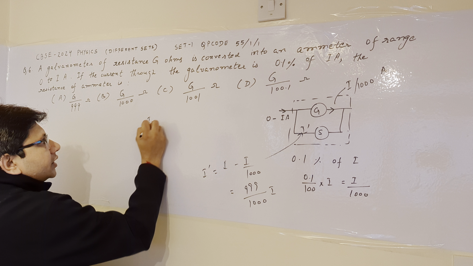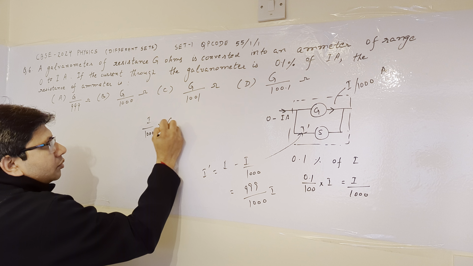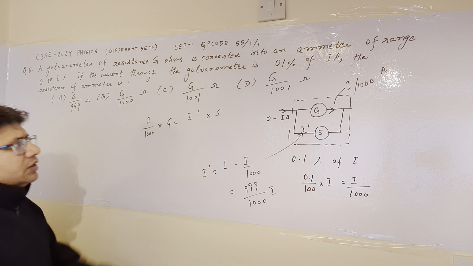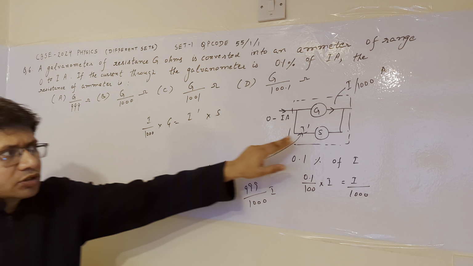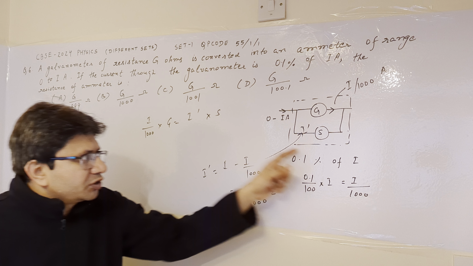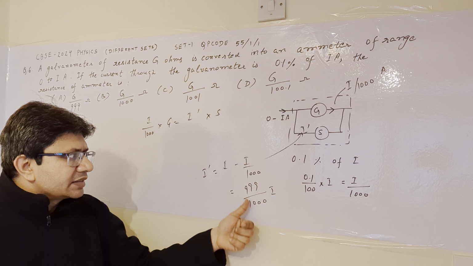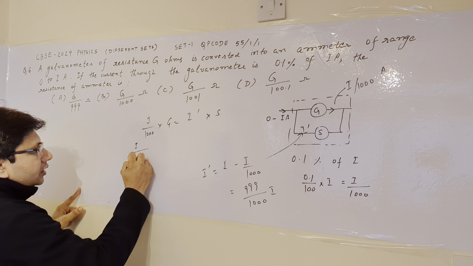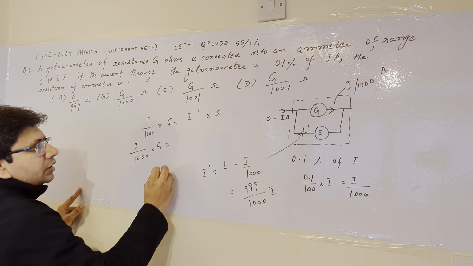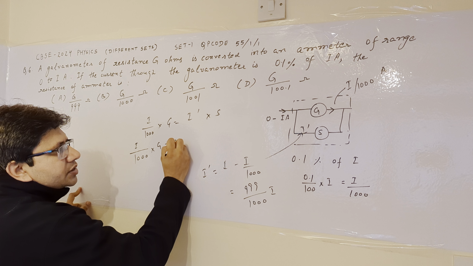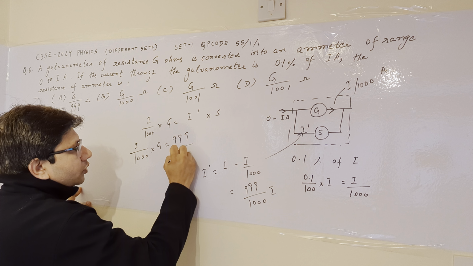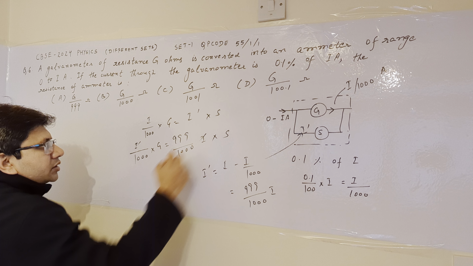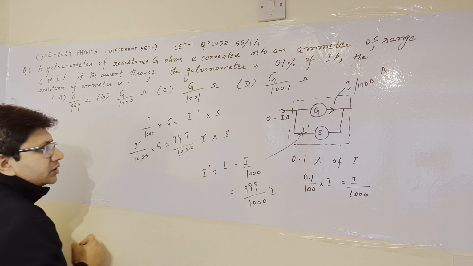So I upon 1000 times G is equal to I dash times S, where I dash is 999 upon 1000 I. Now this I cancels with this I, and this 1000 cancels with this 1000.